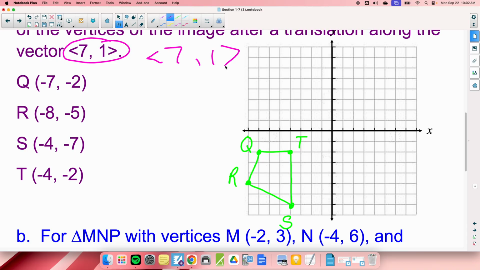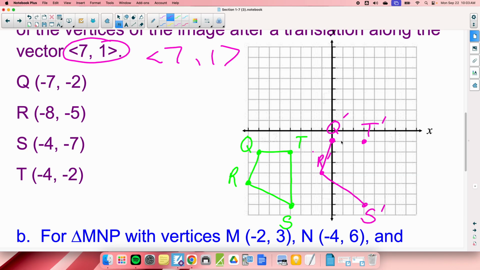So Q, if I go 1, 2, 3, 4, 5, 6, 7, 1 up, that's my Q prime. T, I go 1, 2, 3, 4, 5, 6, 7, and up 1, that is my T prime. R, 1, 2, 3, 4, 5, 6, 7, 1 up, that is my R prime. And for S, 1, 2, 3, 4, 5, 6, 7, that is my S prime.